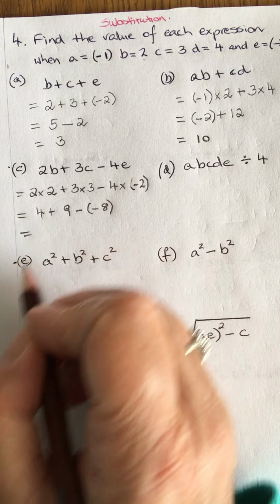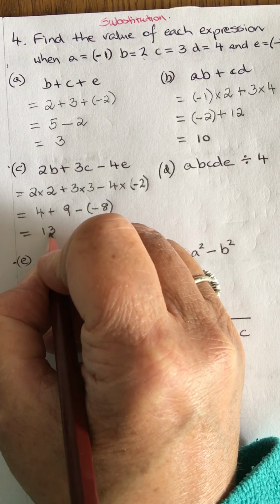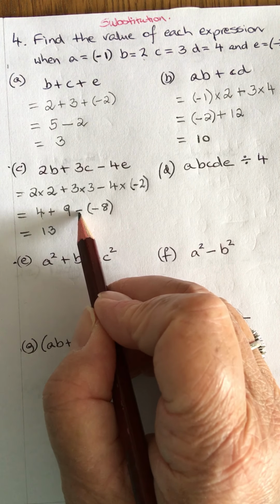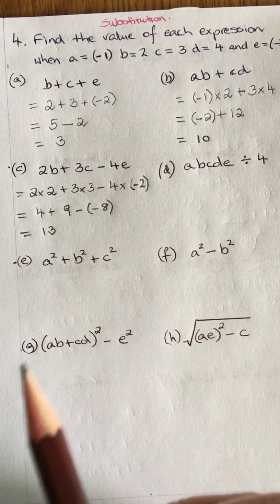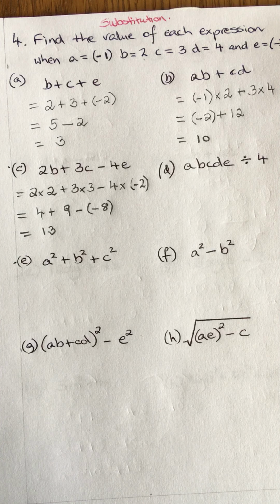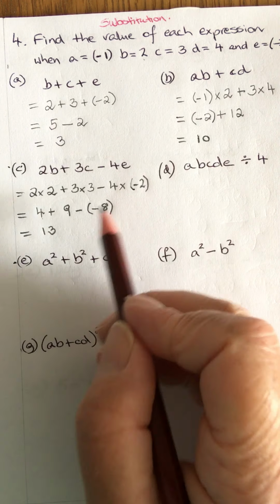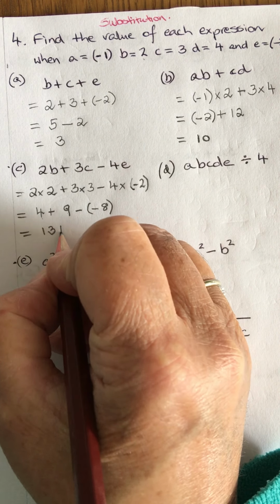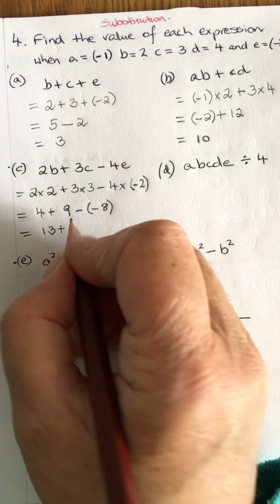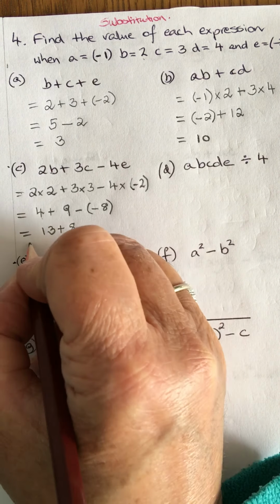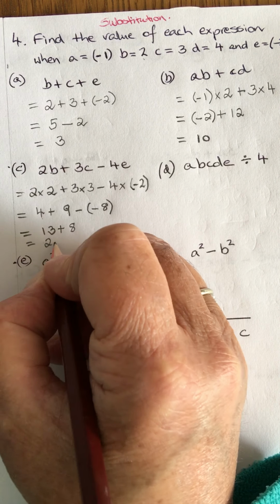Right, so we have 4 add 9, which is 13. And then we've got take away a negative. So taking away, you move left on the number line, but taking away a negative, you move to the right, going up the number line, because taking away a negative is the same as adding. So we're going to add on the number 8. So the final answer is 21.